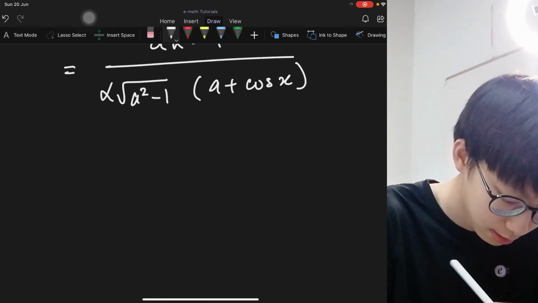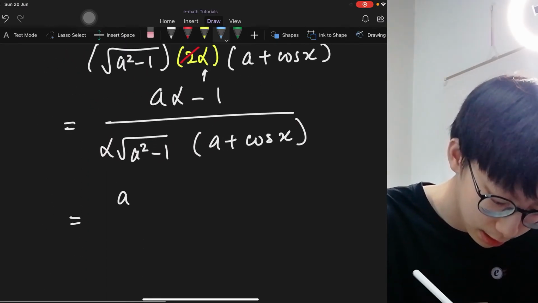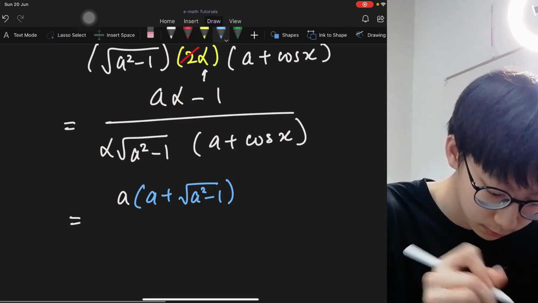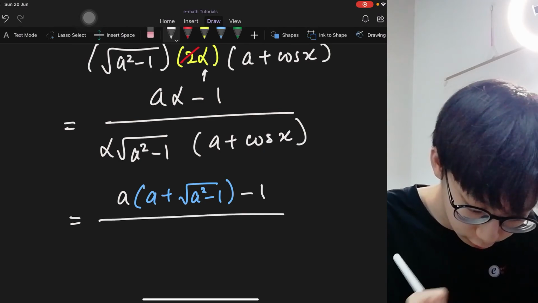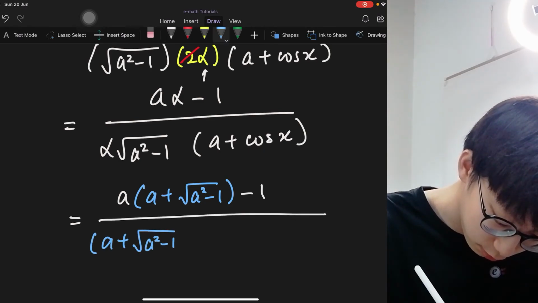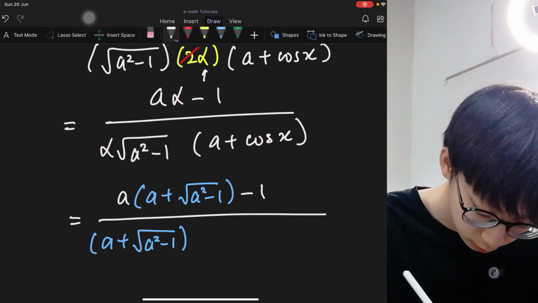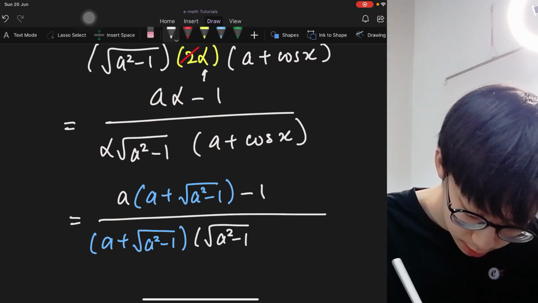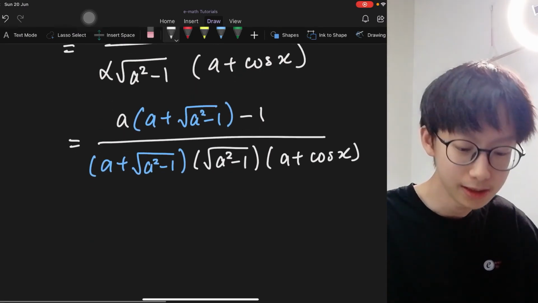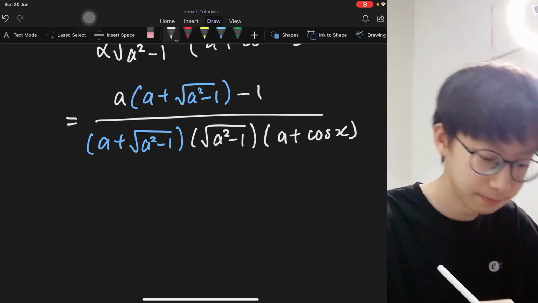Alpha was a plus square root of a squared minus 1 over alpha was a plus square root of a squared minus 1 times square root of a squared minus 1, a plus cos x. I think this a plus cos x should be fine already, just that we need to clean up on top.